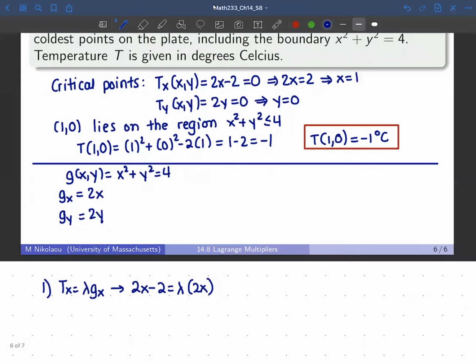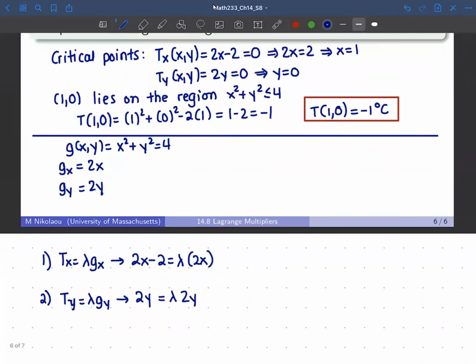The second equation is that Ty is equal to lambda times Gy, so 2y is equal to lambda times 2y. And the third equation is the constraint: x squared plus y squared is equal to 4.